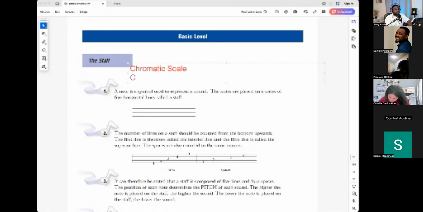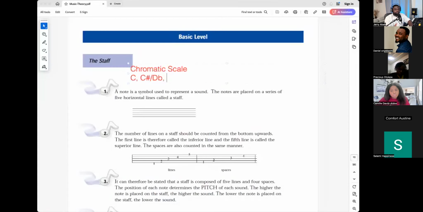So if we begin from the key of C, for example, the next one will be C sharp or D flat. In this example, I'll be using the small letter b to represent the flat sign, in the absence of a better symbol.